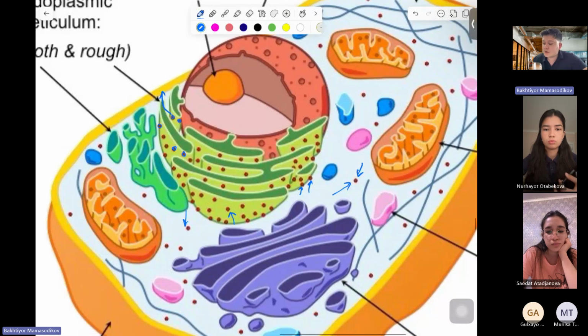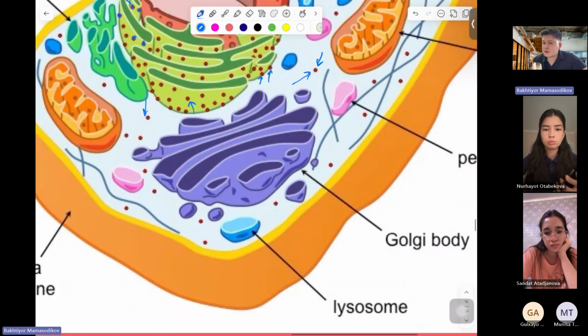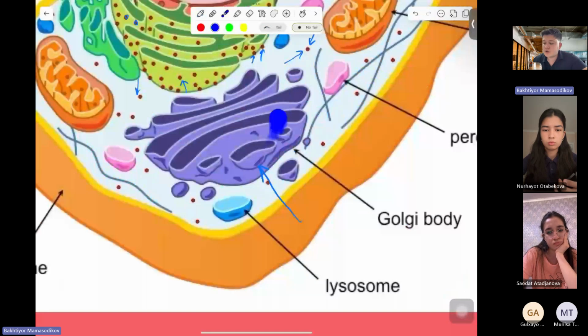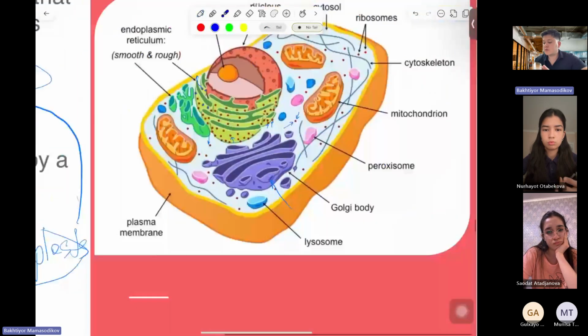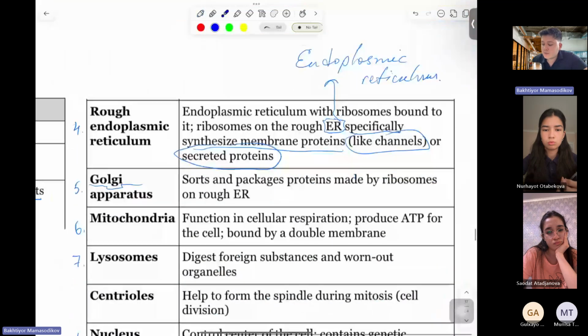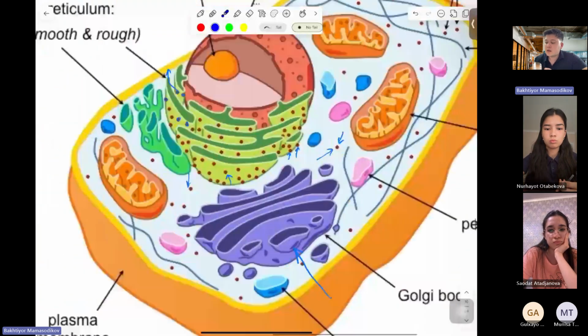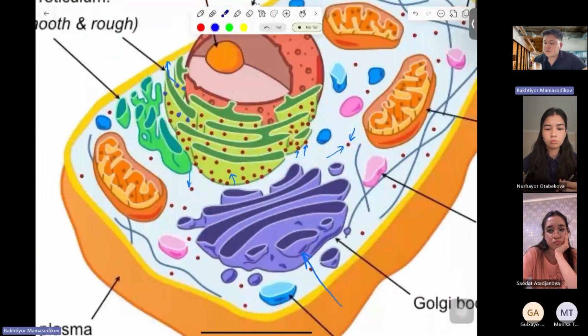And we have the Golgi apparatus. This is the Golgi body, bluish or purple in color. What is its function? Its function is to sort and package proteins made by ribosomes on the rough endoplasmic reticulum. So in the rough endoplasmic reticulum, the ribosomes synthesize the proteins.